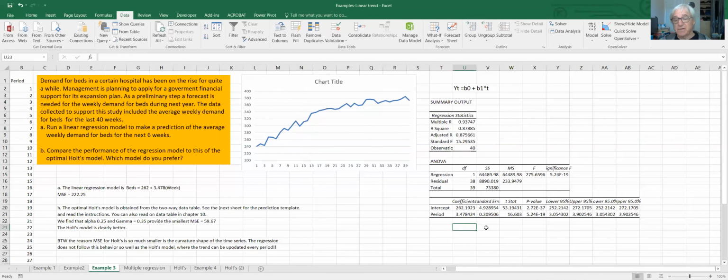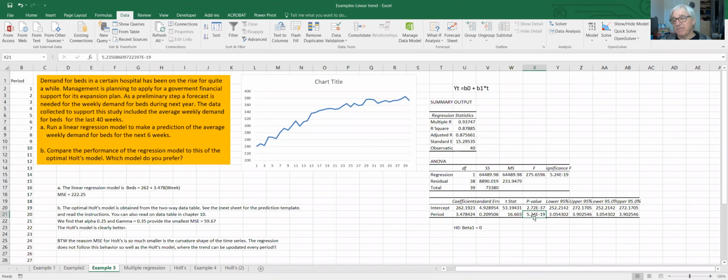So you test whether beta 1 equals 0. If it is 0, then there is no need for trend. And if it is not 0, then you have a slope and linear trend does exist. The test is done with the p-value.